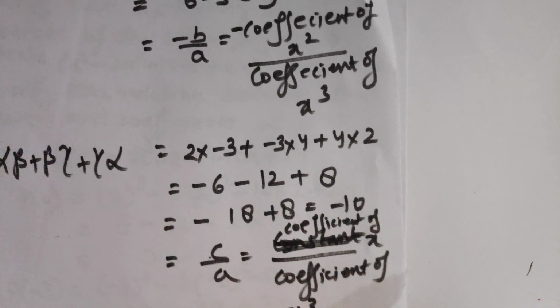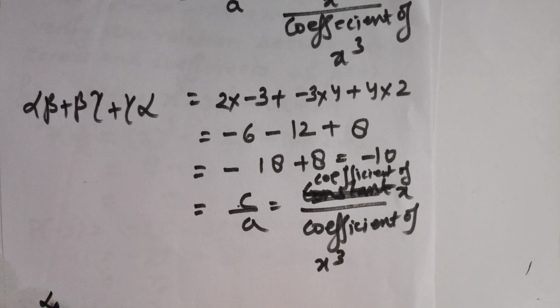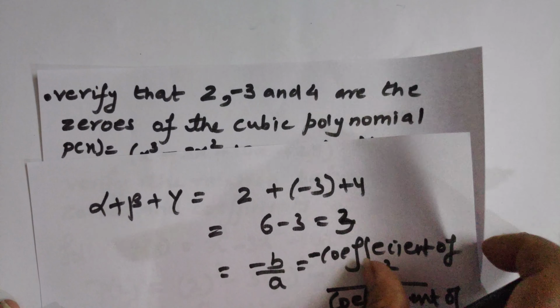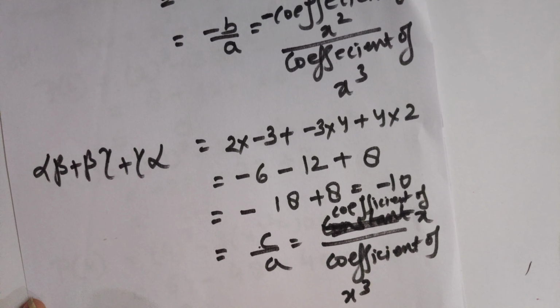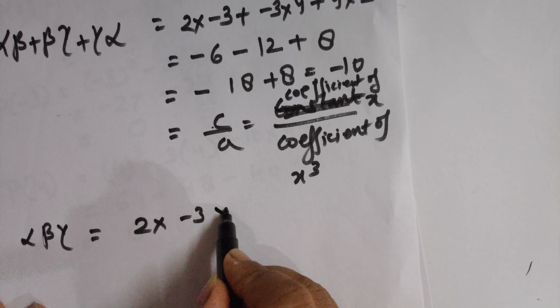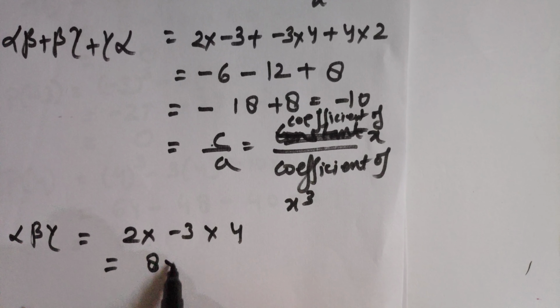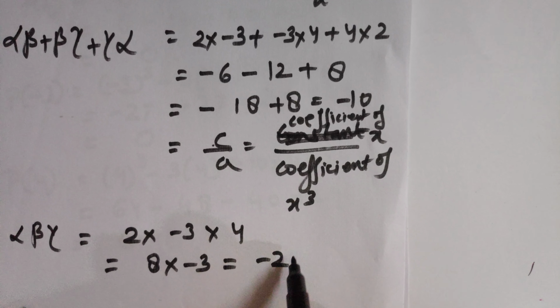So we have verified this. Now the last one we have to verify is alpha beta gamma. Alpha is equal to 2, beta is equal to -3, and gamma is equal to 4. So 2 into -3 into 4, 8 into -3, that is -24.